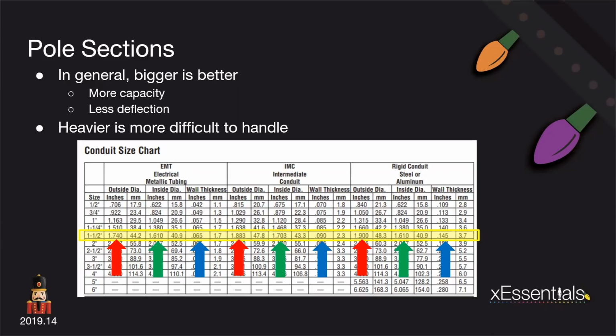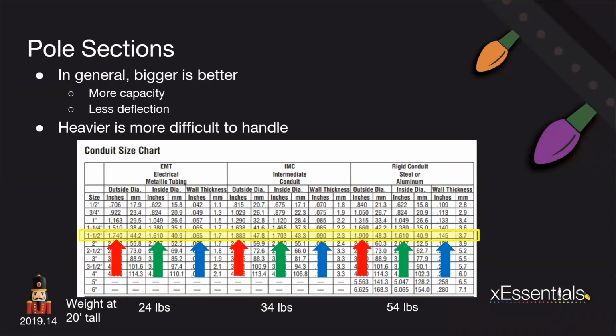You can use the EMT and have that flexibility, but remember, you're going to get a lot of deflection at the top if you don't use guy wires. If you use guy wires, you can more readily get away with EMT than you can if you're not using guy wires. If you're not using guy wires, go for something like the rigid, because you want it to be stiff and have the capacity to get to the base of your pole and sustain everything.